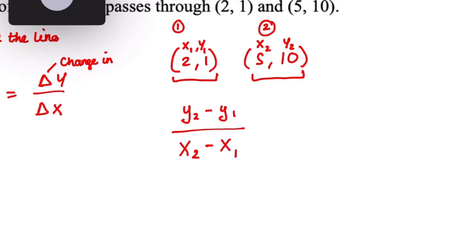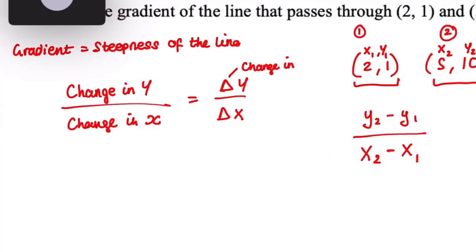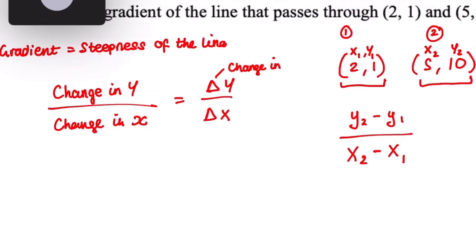The reason we do that is that we are trying to find the difference between the two y coordinates and the two x coordinates. Our formula to work out gradient is change in y divided by change in x.